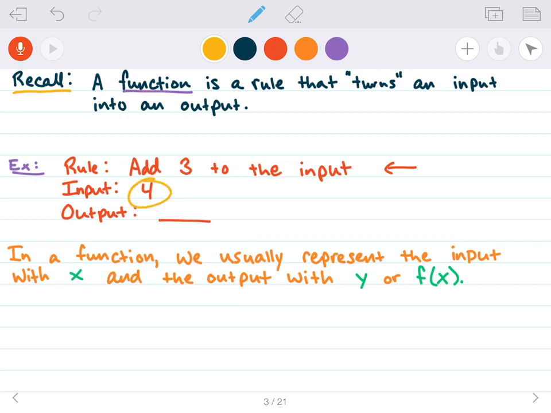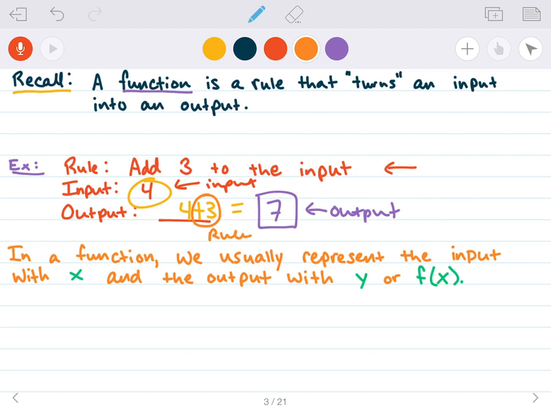What's my output? Well, the rule tells me to take my input and to add 3 to it, right? So once I do that, my output is now 7. So this is my output. This is my input. And this was my rule. My rule told me to add 3 to the input.